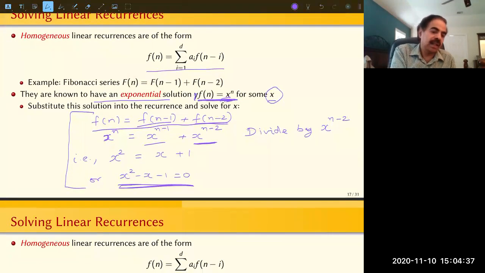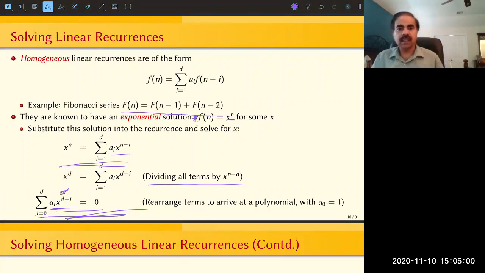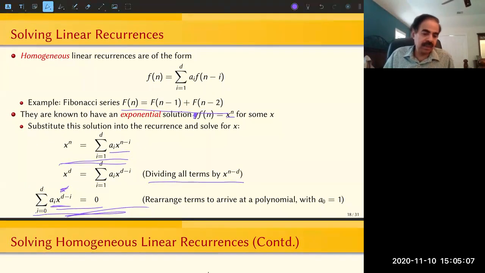And we start from the knowledge that these sorts of equations have solutions of the form x to the power n for some x, and then we substitute that into the equation, and then do some algebraic simplification, and that'll yield essentially a polynomial equation on this variable x, and then we can solve that polynomial.